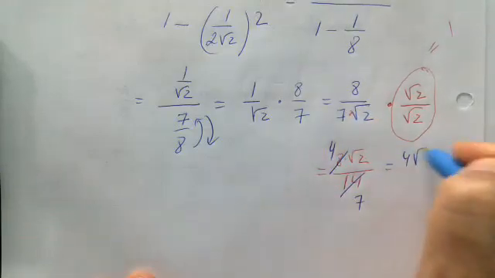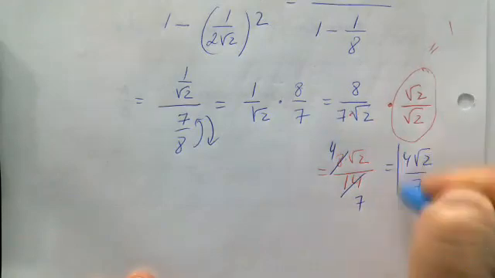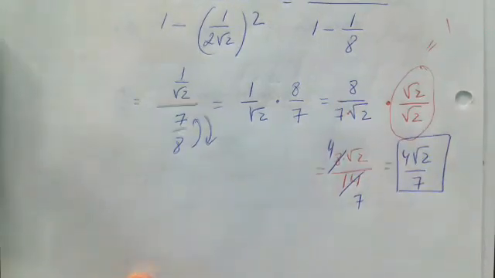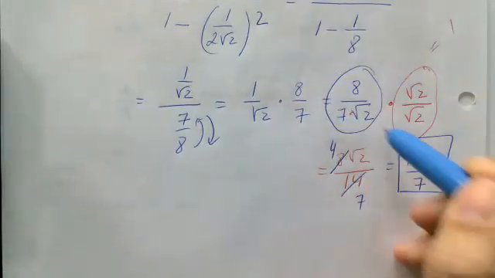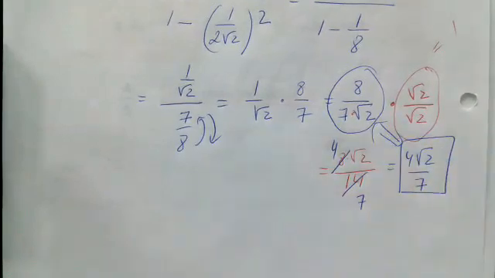So 4 square root of 2 over 7 is the value of tangent of 2 theta. So these two, this one and that fraction, they're equal in value.